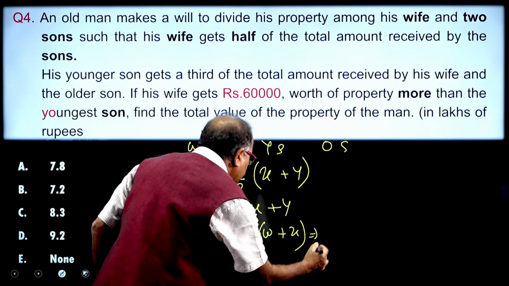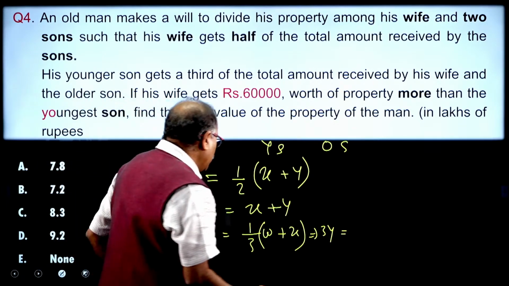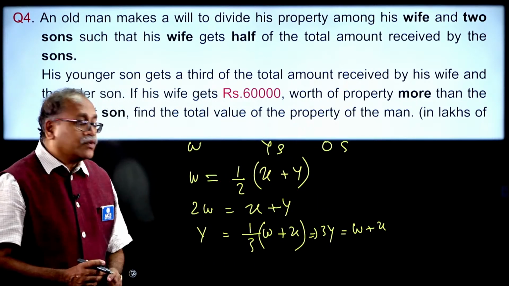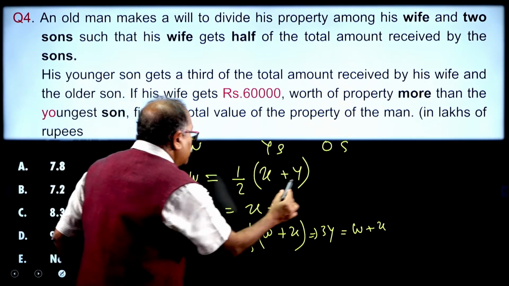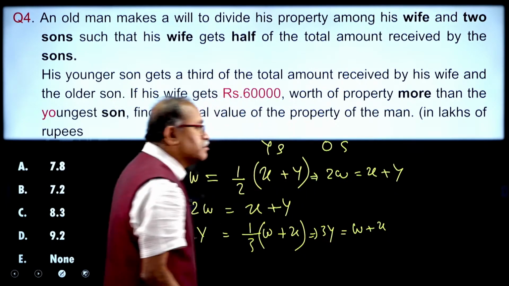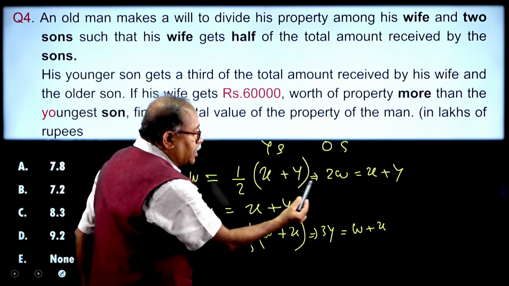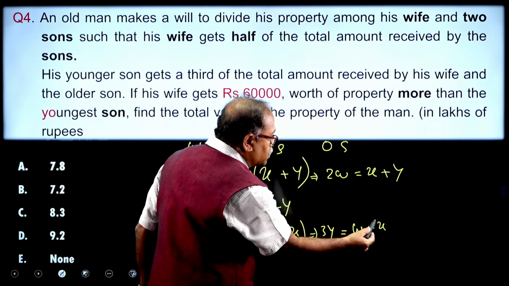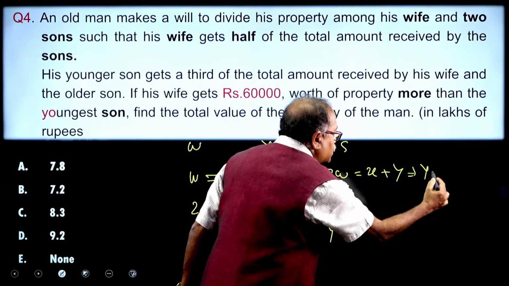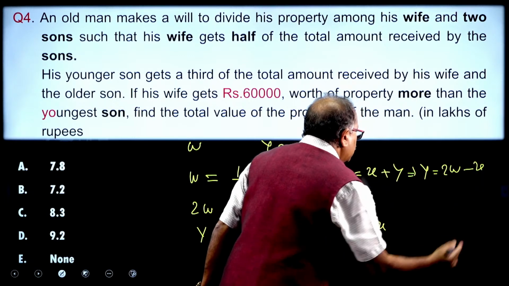So I get 3y is equal to w plus x, and here I get one equation, 2w is equal to x plus y, so y is equal to 2w minus x.